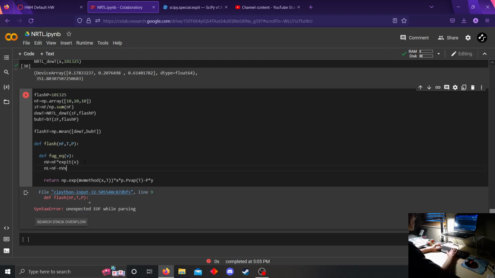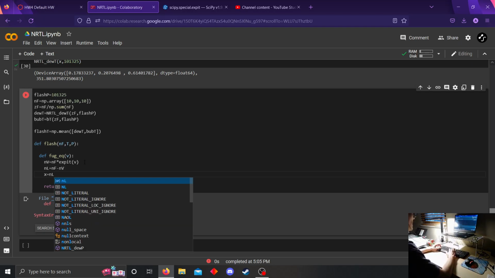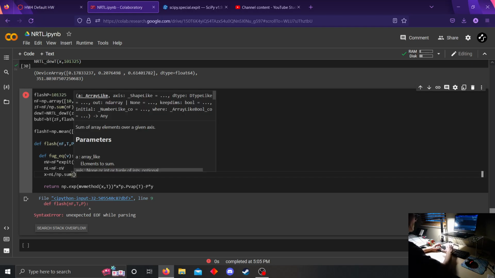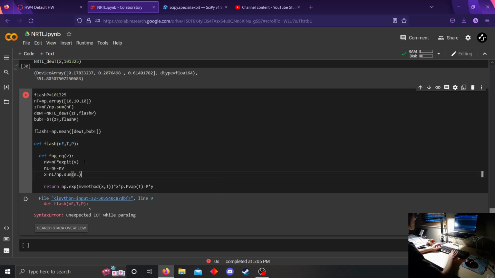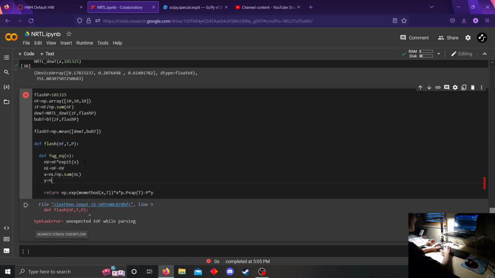Now our x, in the liquid phase, is going to be NL divided by the sum of all the NLs, so np.sum of NL, and y is going to be equal to NV divided by np.sum of NV.